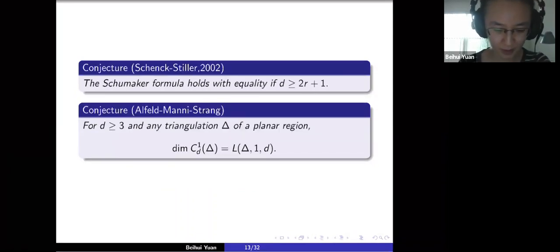So here comes our conjecture. Because you can see on the last page, Schumaker's formula holds with equality if D is greater than or equal to 4R plus 1. So can we have a lower bound? For example, what if D is greater than or equal to 2R plus 1? Schenck and Stillman conjectured that this actually holds with equality if D is greater than or equal to 2R plus 1. And that is why I call this the 2R plus 1 conjecture.